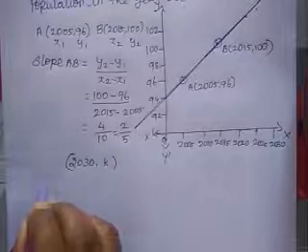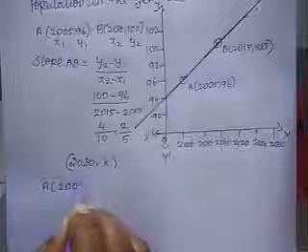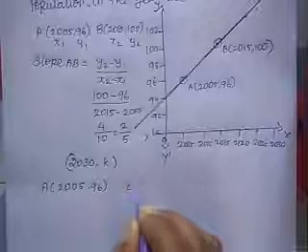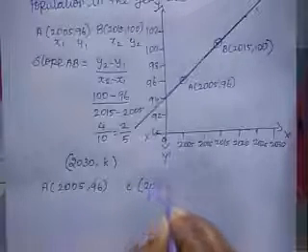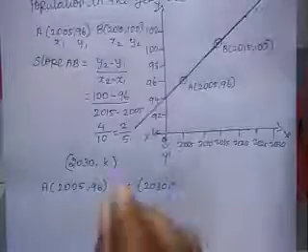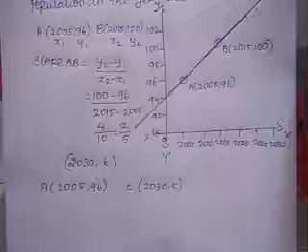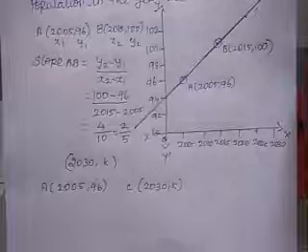Take A as (2005, 96) and C as (2030, K). The slope is 2 by 5. The slopes are equal because the points are increasing, that is, they are collinear points.